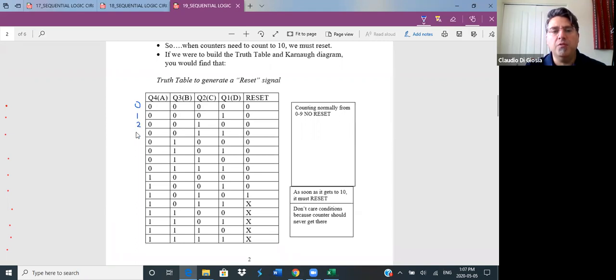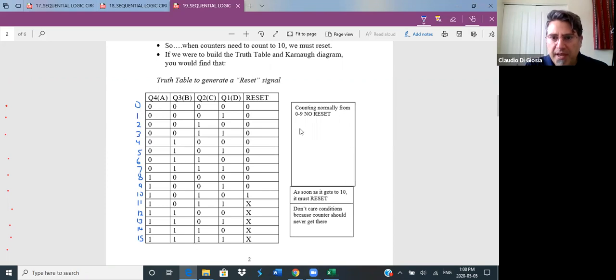Write down all the numbers here: 0, 1, 2, 3, 4, 5, 6, 7, 8, 9, 10, 11, 12, 13, 14, and 15, right? So if we have 4 bits, it's 16, we count 16 numbers, hexadecimal, from 0 to 15.